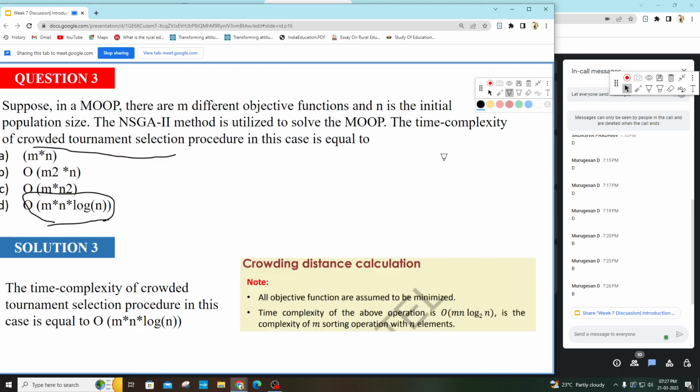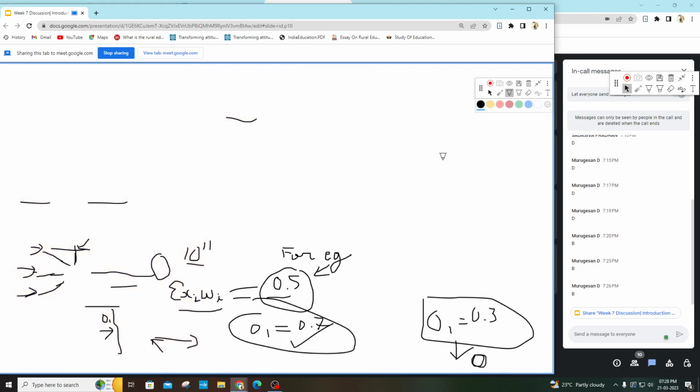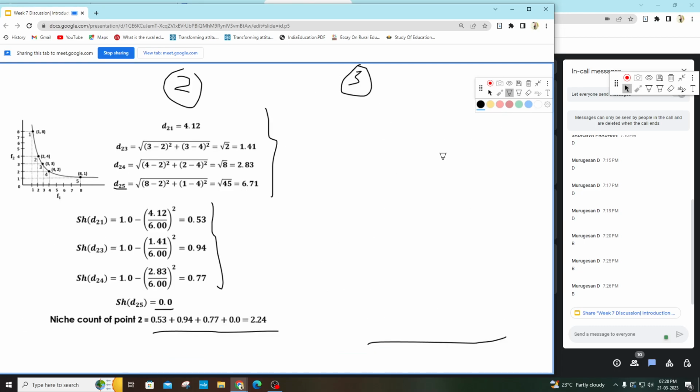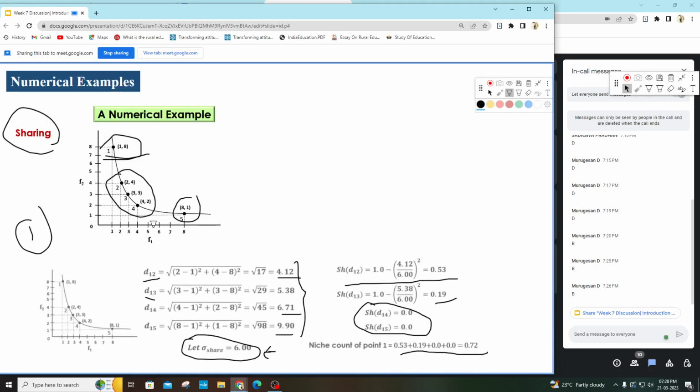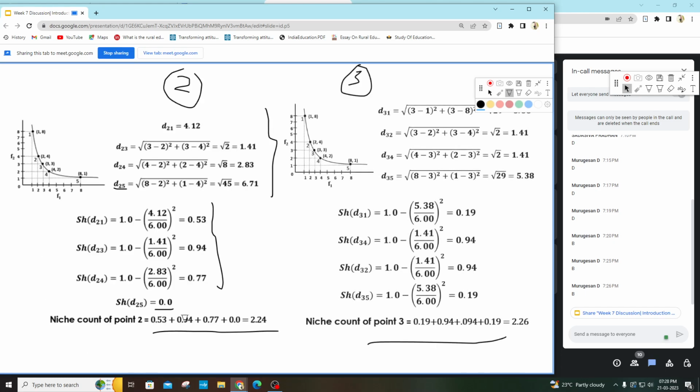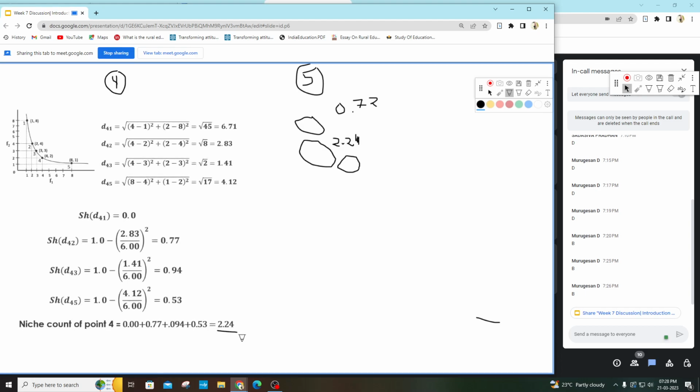Let's move on to our question and see what the niche count of points 2, 3 and 4 is. The niche counts of 2, 3 and 4 are coming as 2.24, 2.26 and 2.24, right? And we can see that 2, 3 and 4 are more crowded, right?